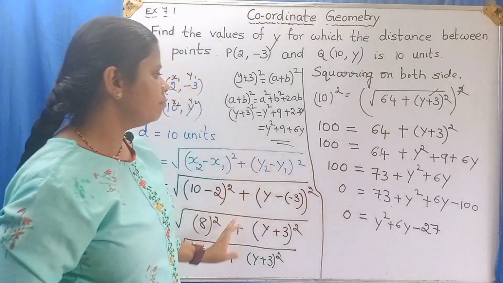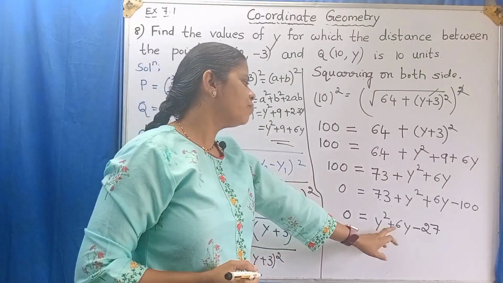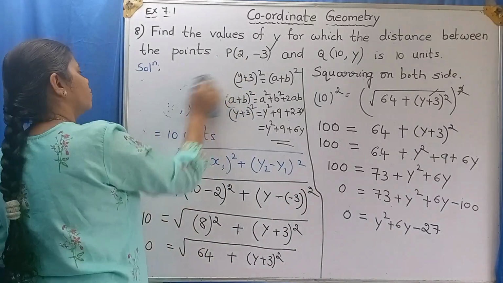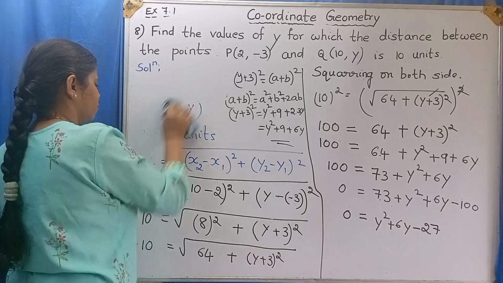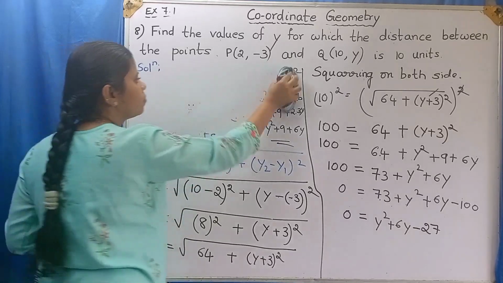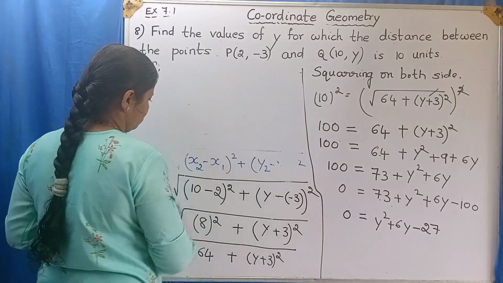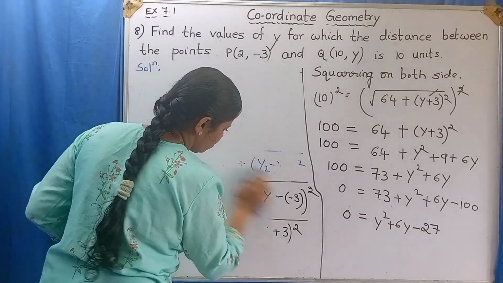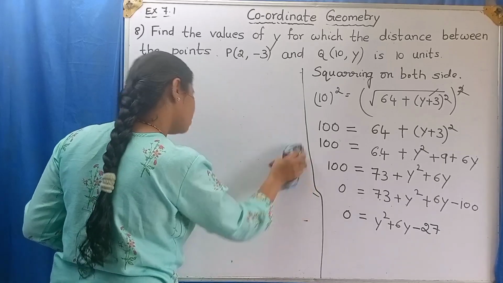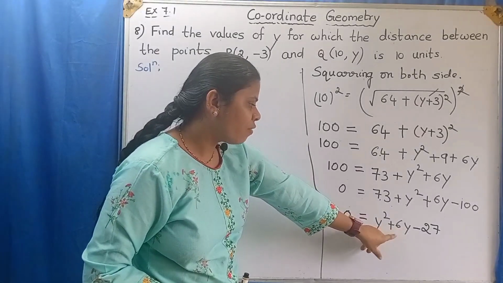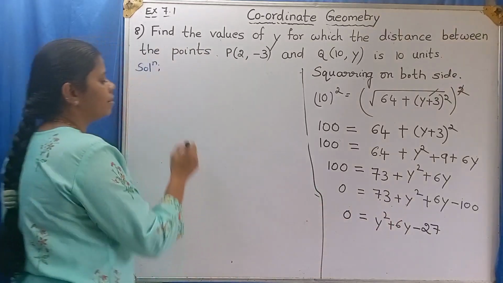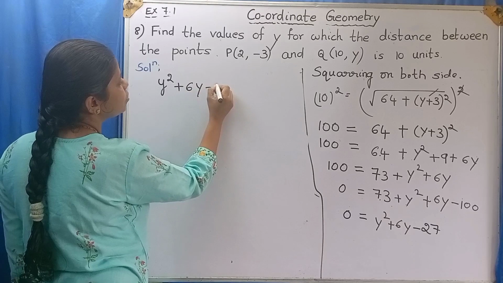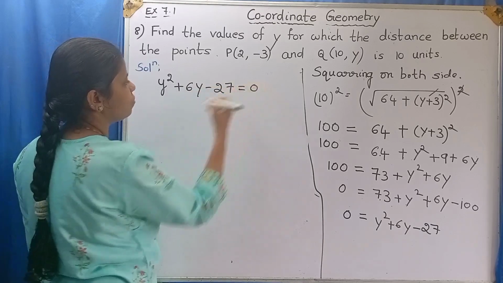Now let me rub this one. See here, we have to factorize. Now let us solve this quadratic equation, that is y square plus 6y minus 27 is equal to 0.